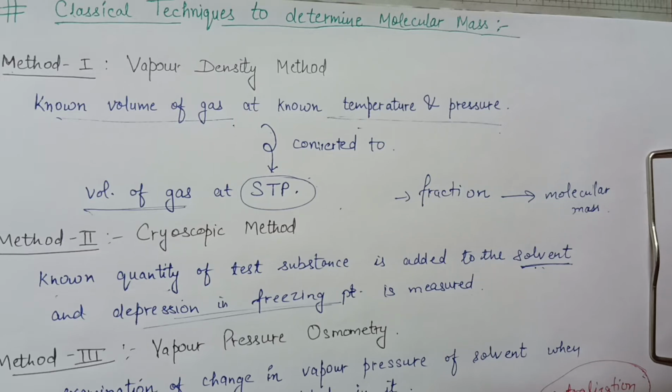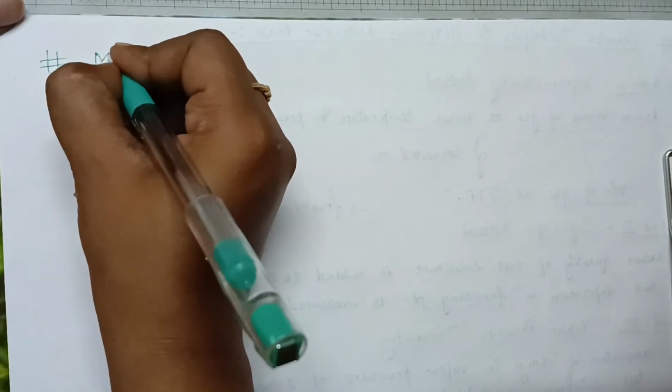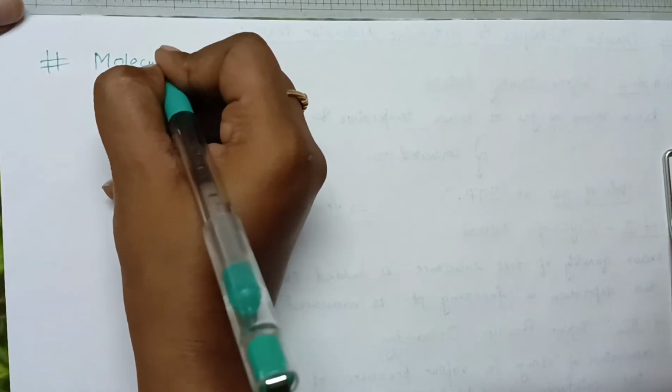So now our main focus is how to find the molecular formula once we are done with quantitative and qualitative analysis and with finding the molecular mass of the unknown compound.